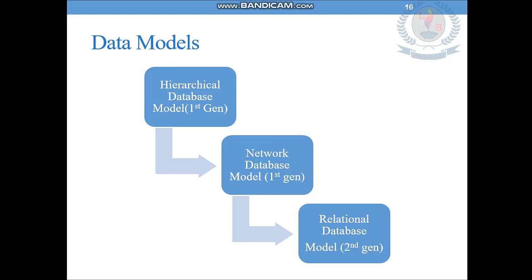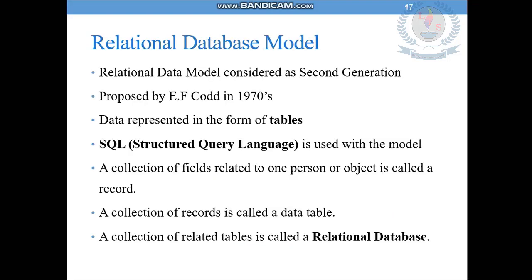And under second generation, we can have the relational database model. So I would like to discuss with you all the relational database model. So now let's see what a relational database model is. So I have given how the database family evolved with time.